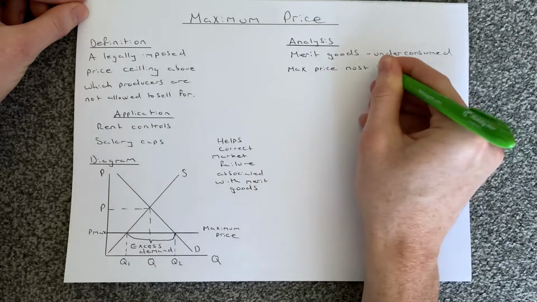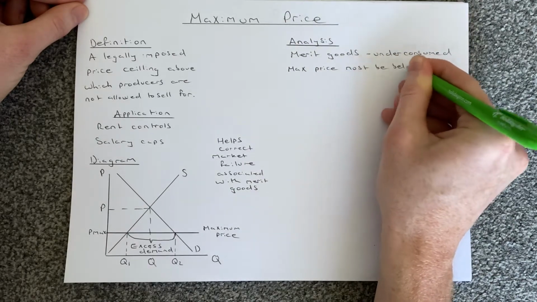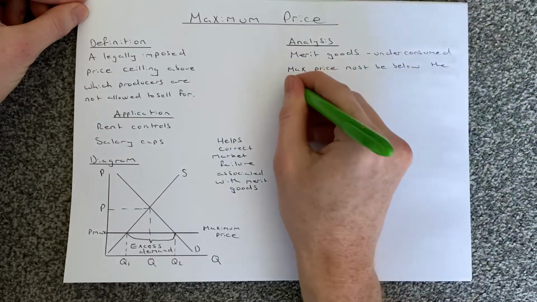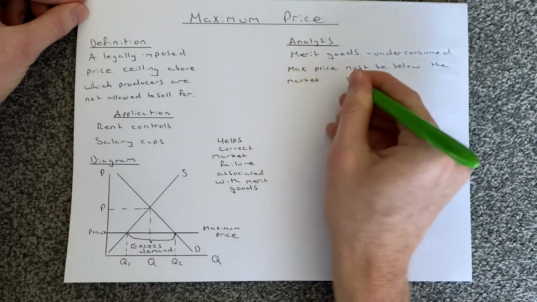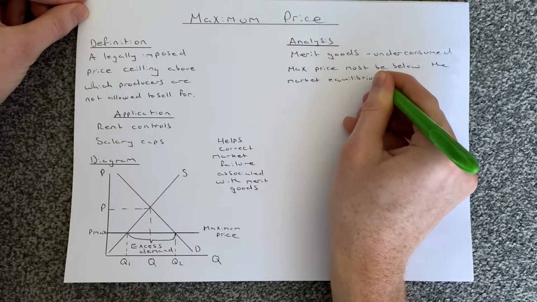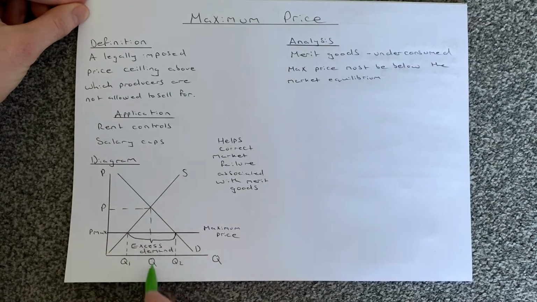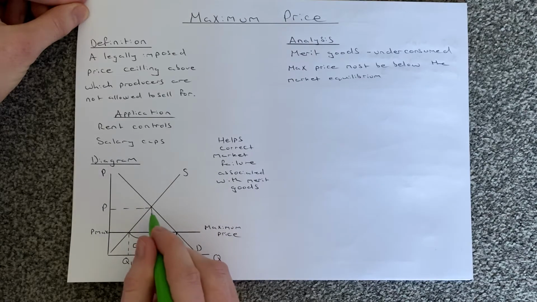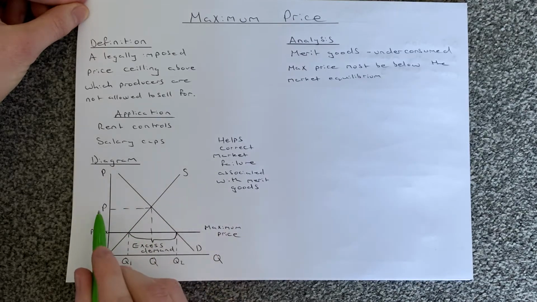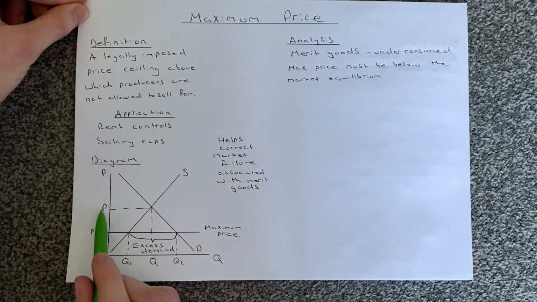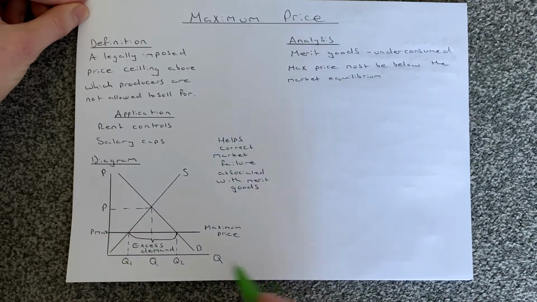And in our diagram, the market equilibrium is at PQ. So the maximum price must be set below the market equilibrium of PQ, and we can quite clearly see here that it is.